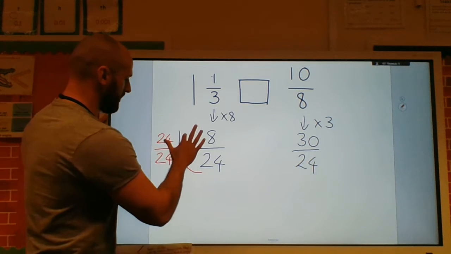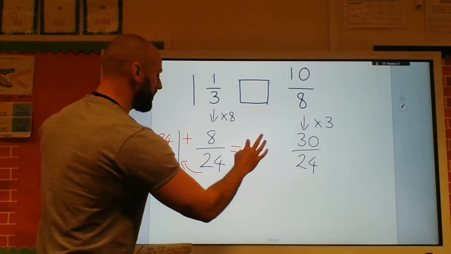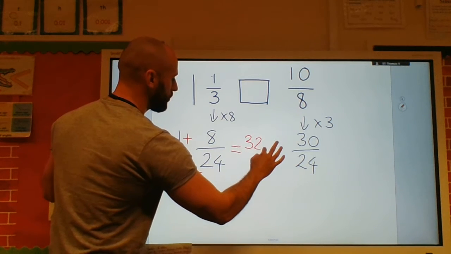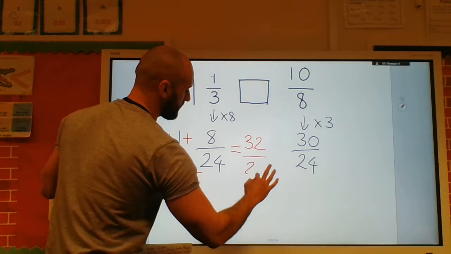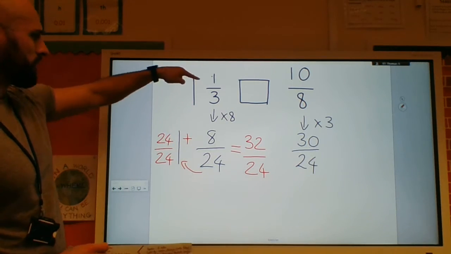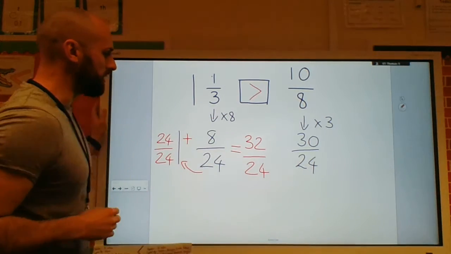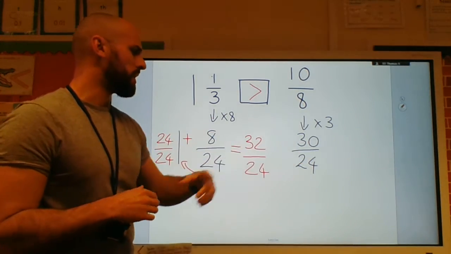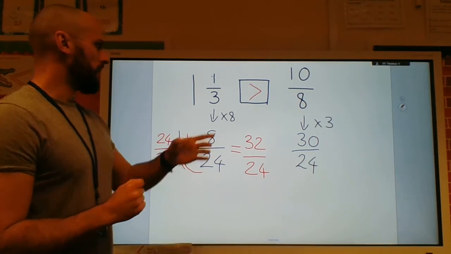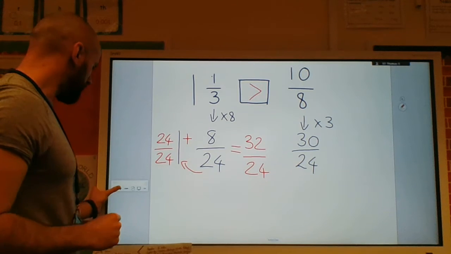I add that to the fraction, which gives me 32 24ths. So now I can see that 1 1/3 is greater than 10/8, because that's only got 30 24ths. Remember, the smaller number eats the bigger number.